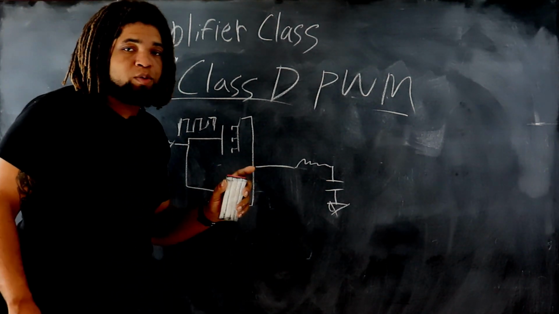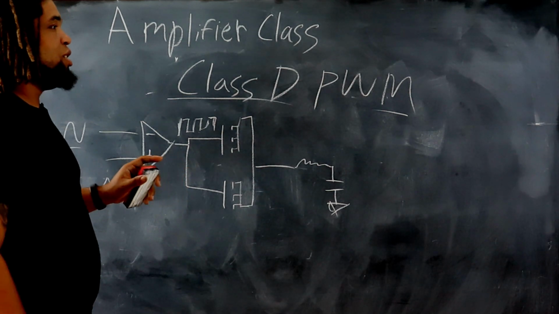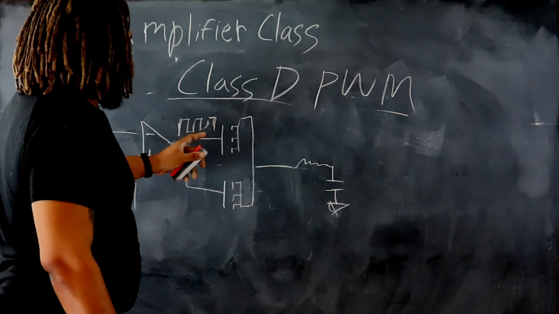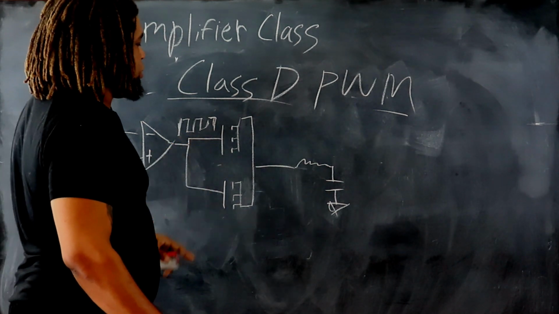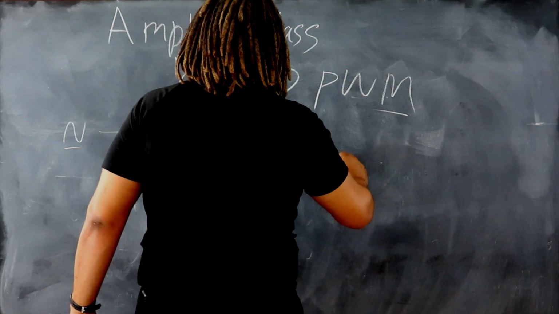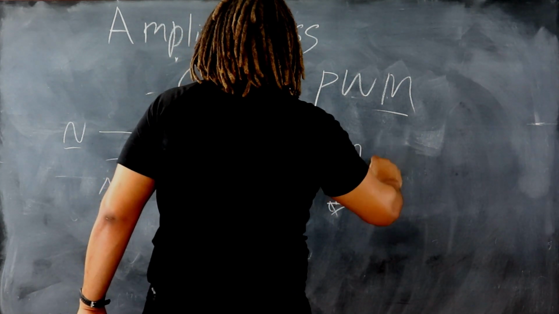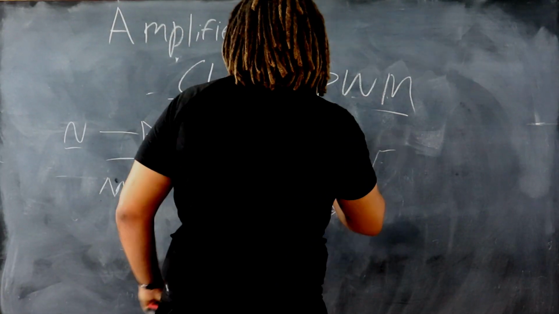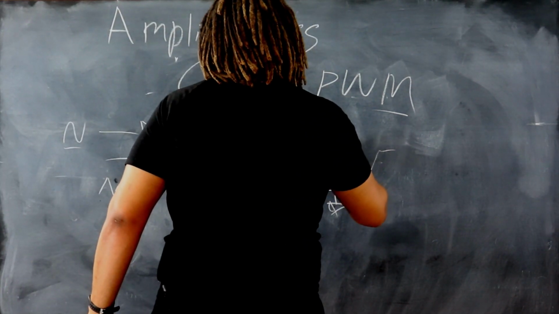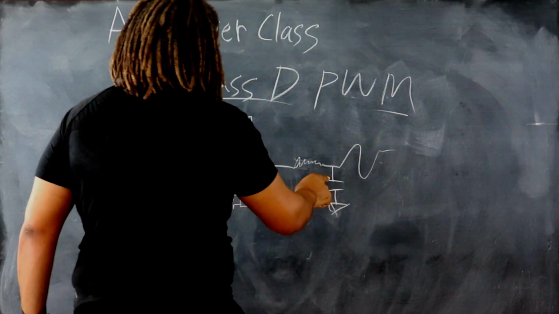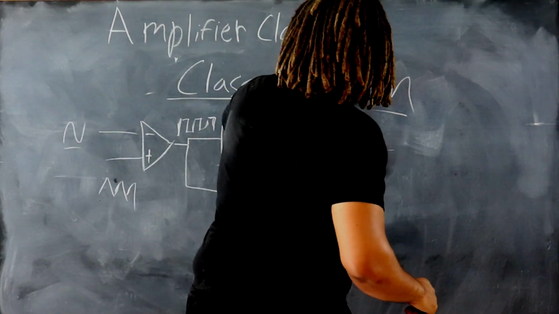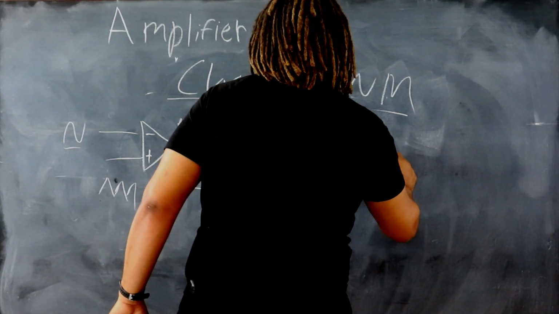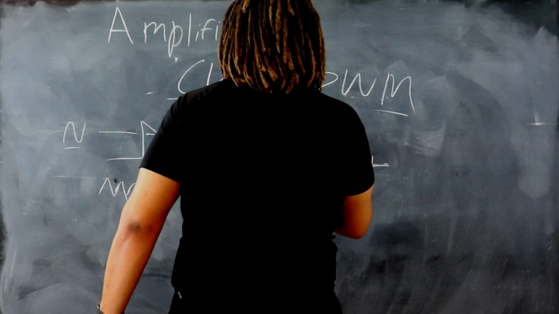Now, one of the major disadvantages is that Class D amplifiers, because they operate at high frequencies, have to be filtered extensively to get rid of those high frequencies, so you come out with just your plain sine wave at the end. So there needs to be typically an inductor there with a low pass filter, and you'd also need a high pass to get rid of some DC voltage that would be there.